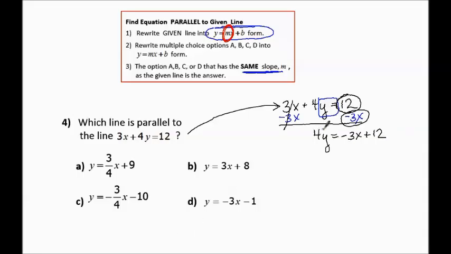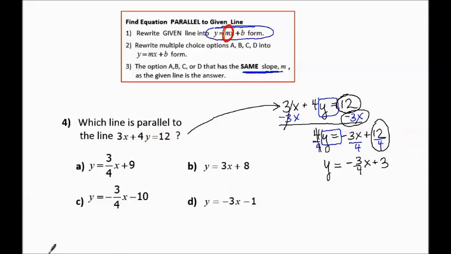Then we remind ourselves again that there should only be the y equals, so this 4 needs to be divided out. What you divide on one side, you divide everywhere else. So these 4's get canceled out, and y is equal to negative 3/4 x plus, you will have to divide 12 by 4 to get a 3.